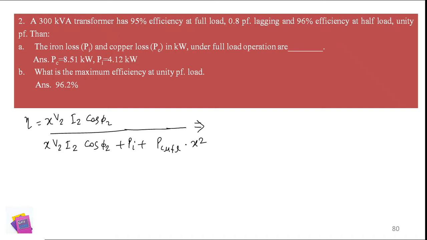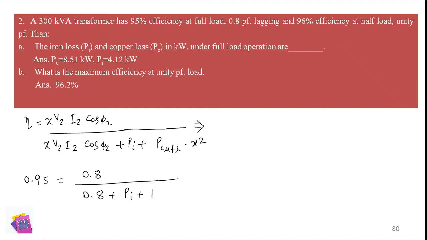So what did it say? 95% efficiency at full load, 0.8 pf. So efficiency 0.95 at full load and 0.8 pf. Full load is 1 per unit, power factor 0.8, divided by full load, x value is 1, voltage is 1, plus PI plus copper loss.